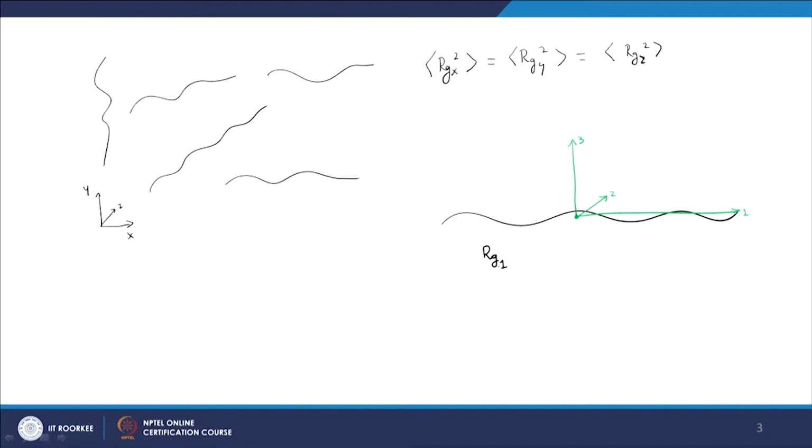axis 1 is higher than or equal to Rg along 2, which is higher than or equal to Rg along 3.